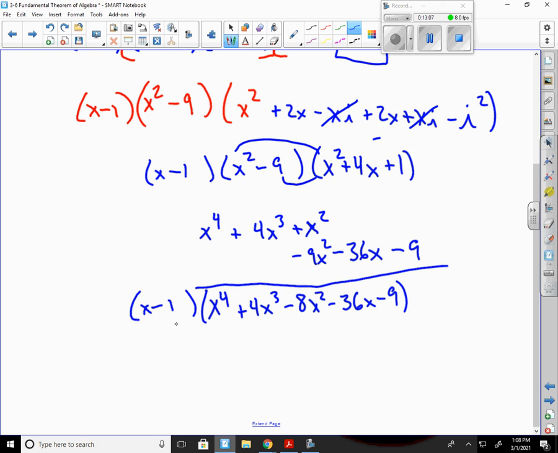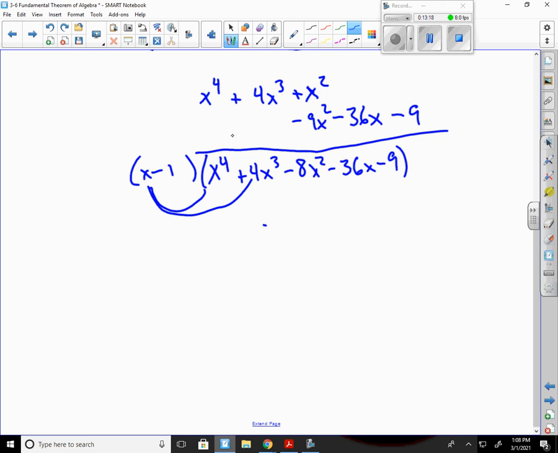And now I have to multiply that by x minus 1. So I'm going to distribute the x to each term, just going right down the line. So x times x to the fourth, that's x to the fifth. X times 4x to the third gives me plus 4x to the fourth, minus 2x to the third, minus 12x squared, minus 3x.